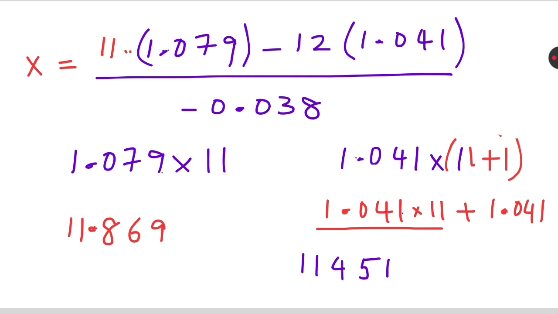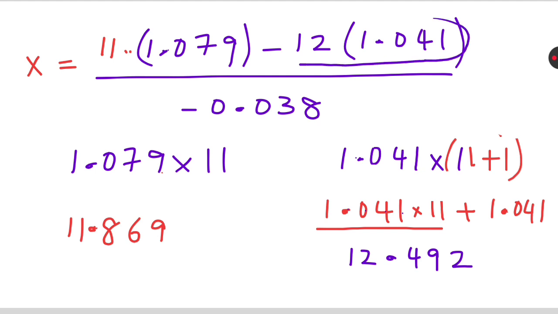After 3 digits we place the decimal point. So 1.041 times 11 is 11.451, plus 1.041. After adding these, we get 12.492. This is the result of 12 times 1.041.